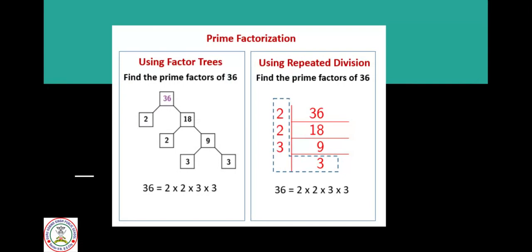Here 36 is repeatedly divided by 2, 2 and 3, which gives 18, 9 and 3. So prime factorization of 36 is 2 into 2 into 3 into 3.